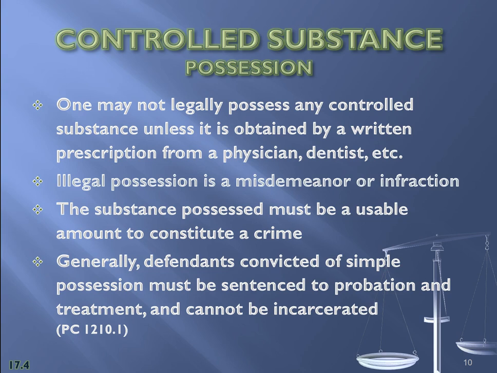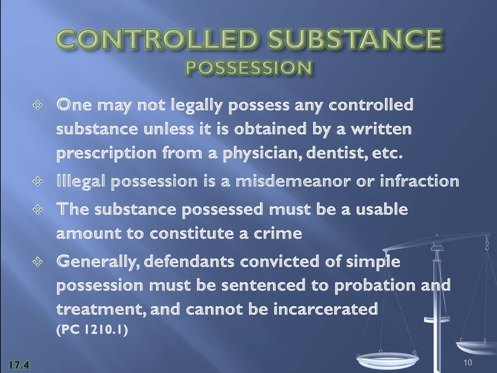Now, illegal possession is a felony, misdemeanor, or infraction. The substance possessed must be in a usable amount to constitute a crime, except for those with certain prior convictions and those who use firearms to commit other crimes.